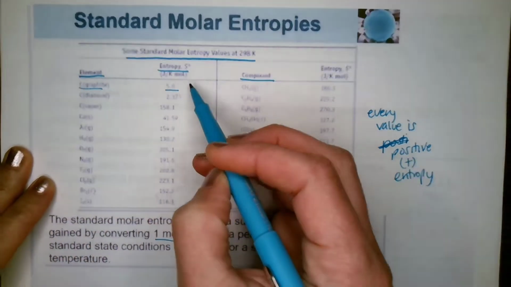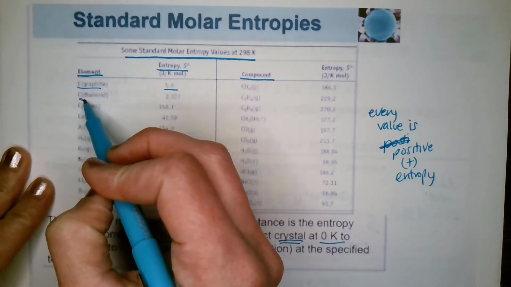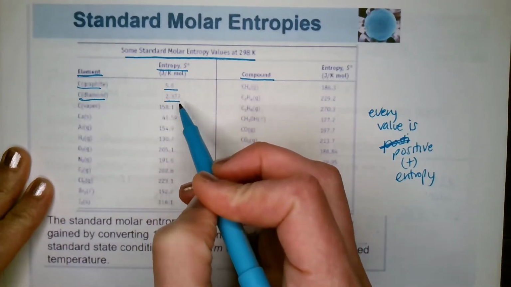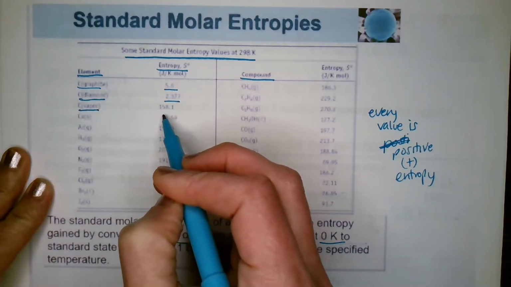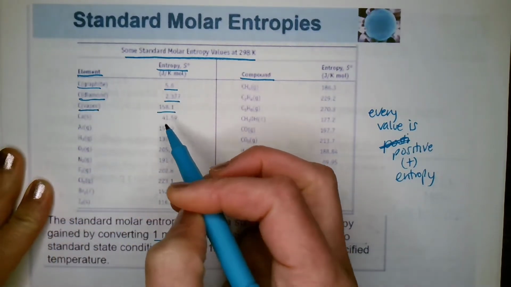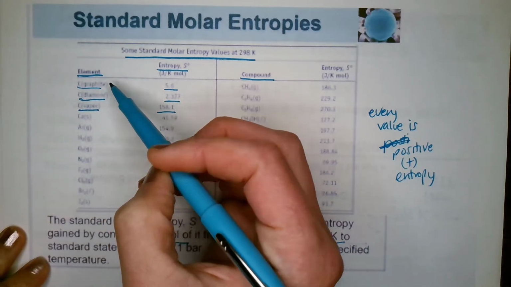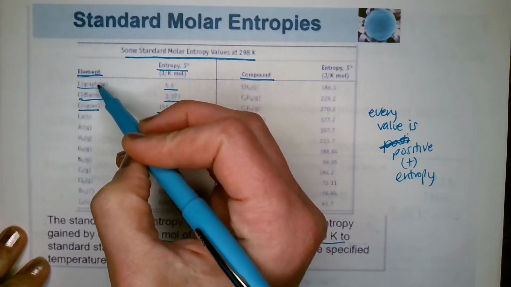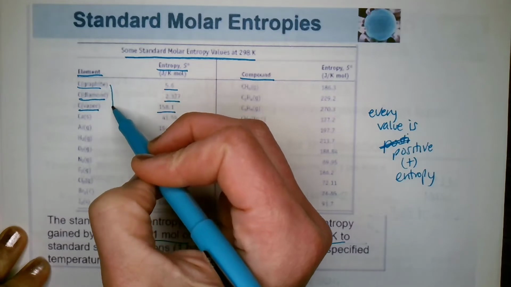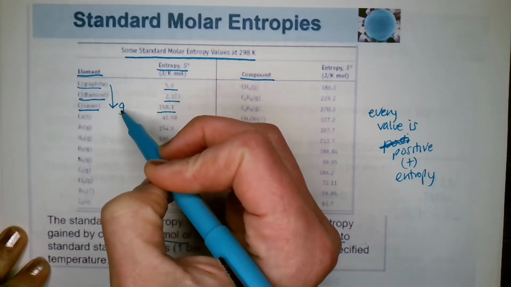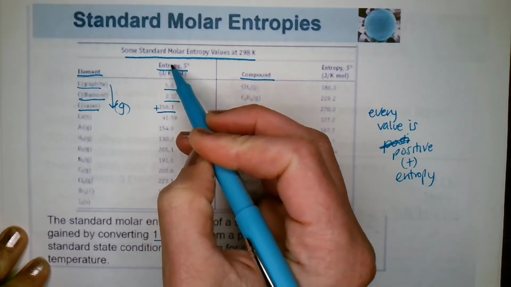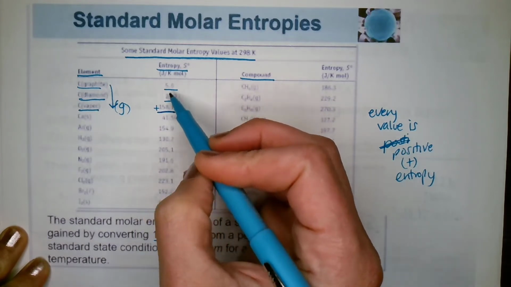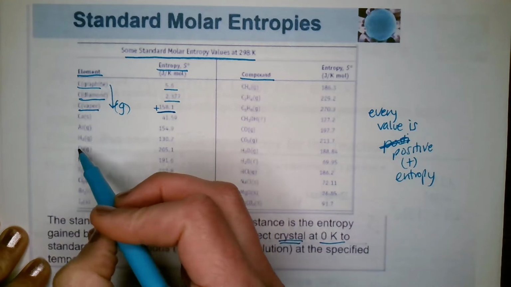So if we were to look at graphite, we see carbon in graphite form is 5.6. Carbon in diamond form, 2.3. Carbon vapor, 158. So we know to go from graphite form to gaseous carbon, it's going to take a lot.